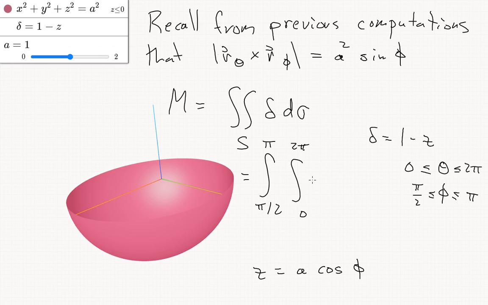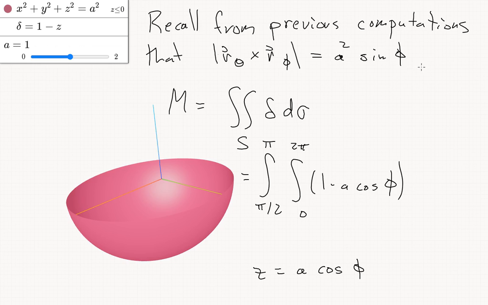And then the density, with z equal to a cos phi, is 1 minus a cos phi. And then our surface area differential is a squared sine phi d theta d phi.